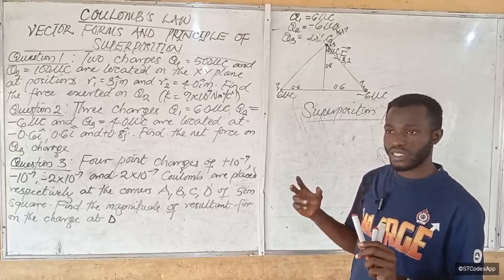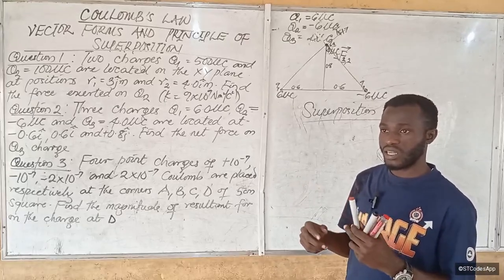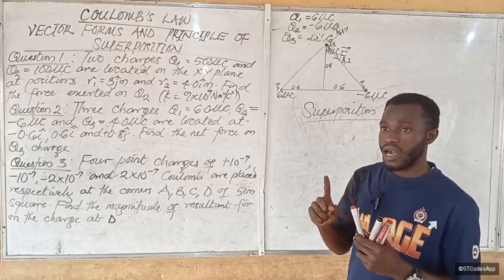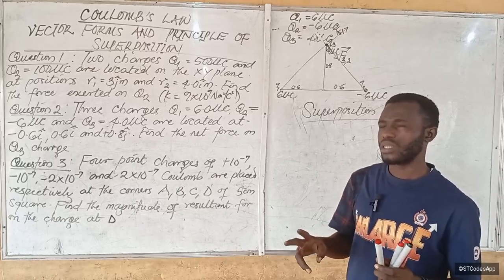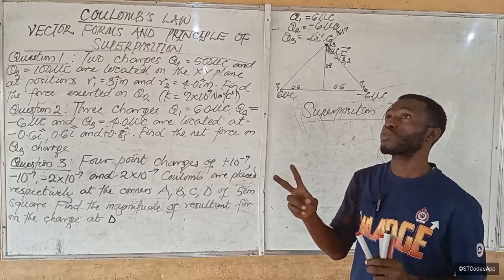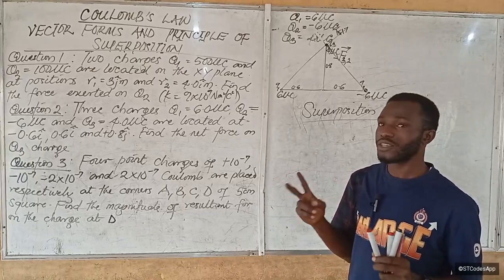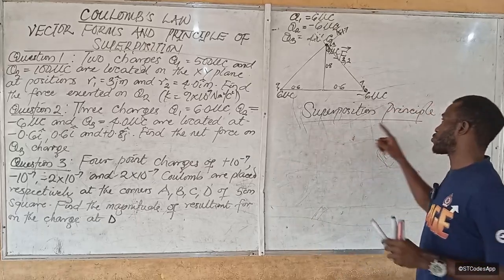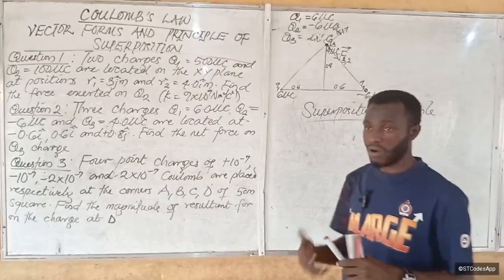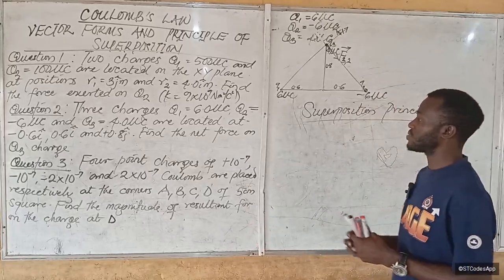Because when forces are more than two, that is when we have a limitation of the Coulomb's law. So that's why we now use this superposition principle to overcome that limitation.